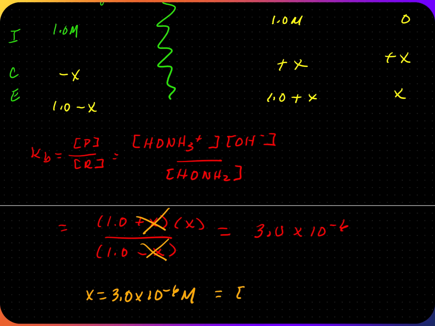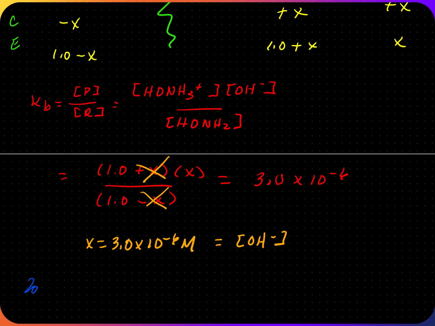And this is the concentration of OH minus. So the percent ionization is going to be HB plus over B, the base initial concentration, times 100.